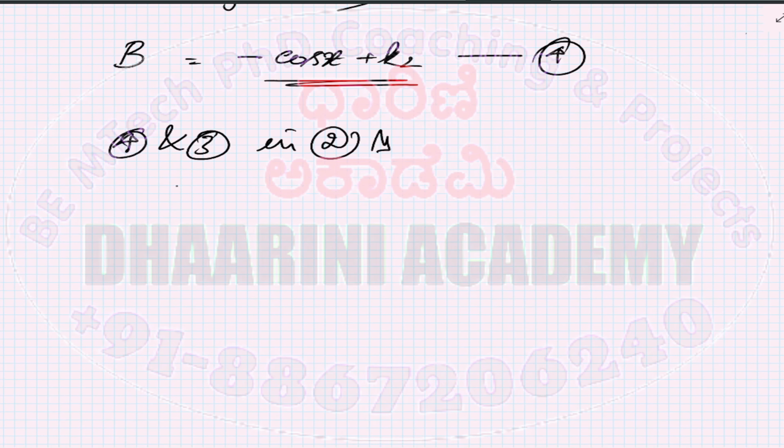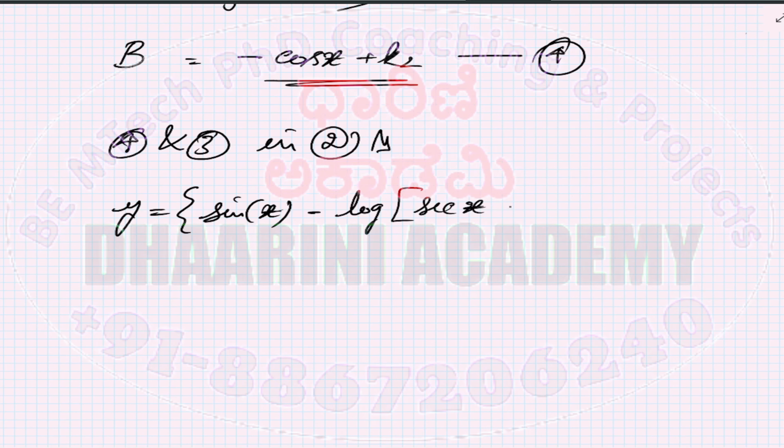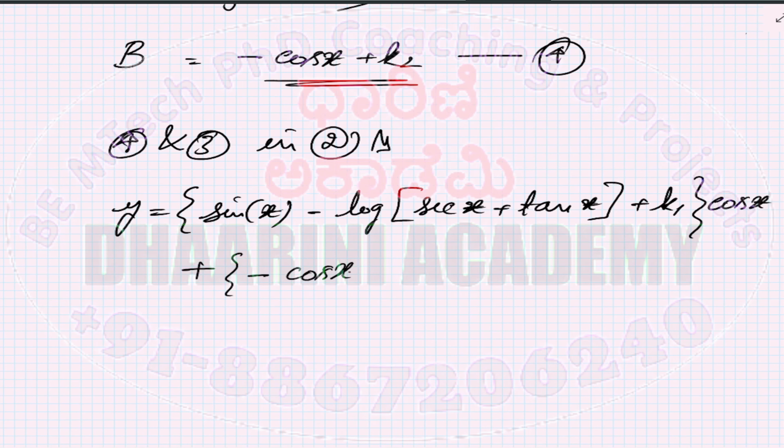When I'm substituting back, I'm going to get my final answer, that is y is equal to a cos x plus b sin x. a is nothing but sin x minus log of secant x plus tan x plus k1, multiplied by cos x, plus b, which is minus cos x plus k2, times sin x.